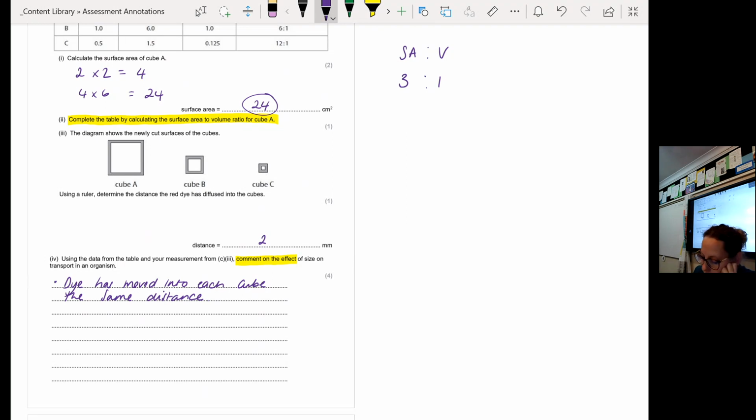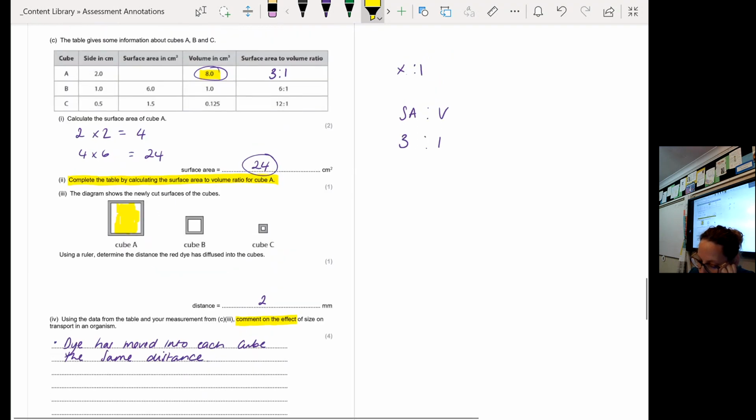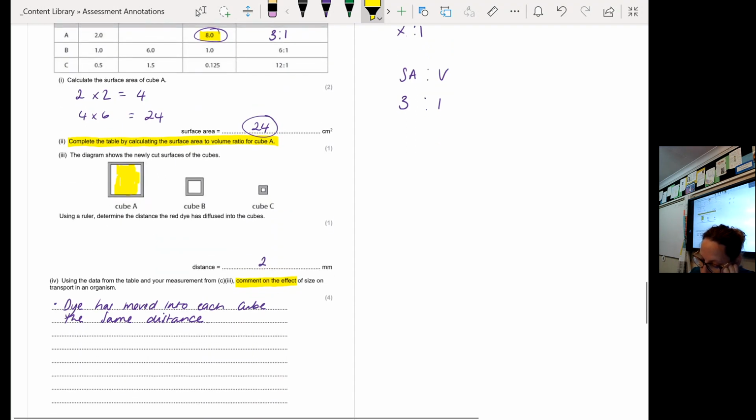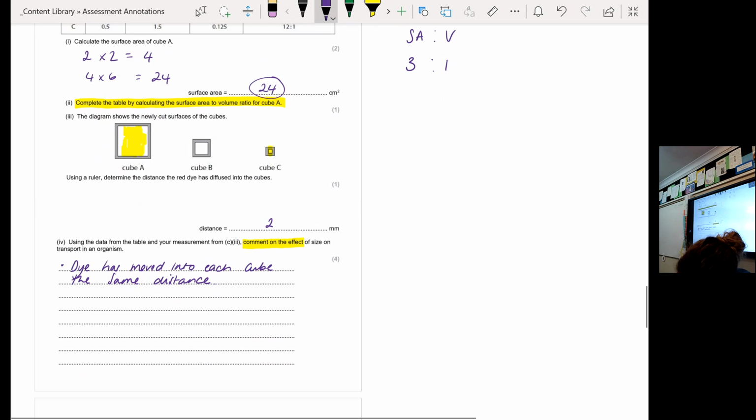However, when I look at them, there's a lot of empty space that the dye hasn't filled in cube A, because it's got a much smaller surface area to volume ratio. In cube C, I've only got a tiny space left in the middle here that the dye hasn't penetrated. And I can use that in my answer as well.